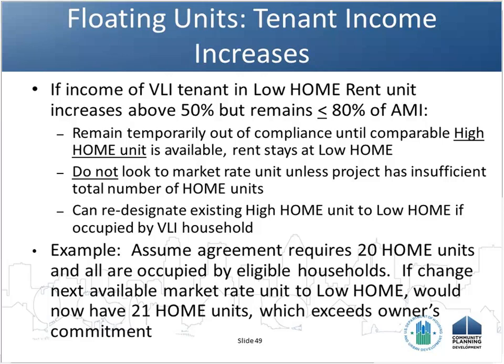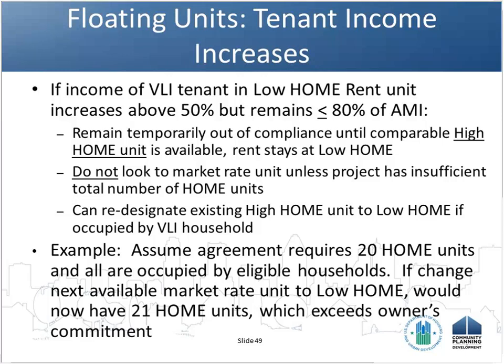They have the number that they're required under their agreement, and so for this corrective action for households that are still at or under 80%, we will not be looking outside of our existing designated home units, but we're going to make this redesignation as we're able to, based on looking at the existing home units and the income of existing tenants. Also, again, if we have a vacancy that occurs, then we can make those corrections on this.